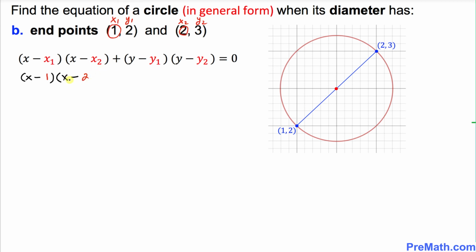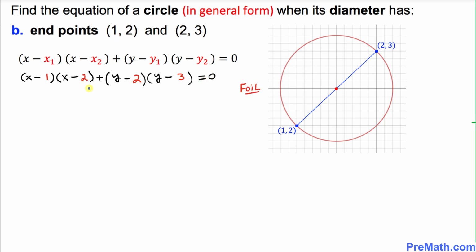And then plus y minus y1, in our case is 2, and then we have y minus y2, in our case is 3, and then we're going to set it equal to 0.